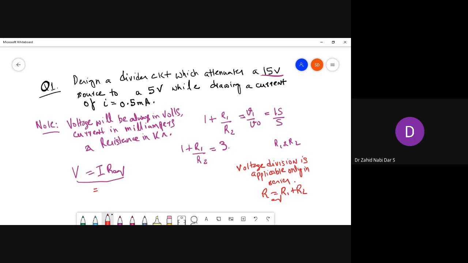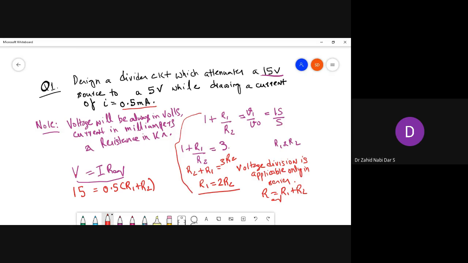The I value is given as 0.5, and this V value we know is 15. And now we have 0.5 into R1 plus R2. So from here we got one relationship: R2 plus R1 is equal to 3R2. From this relationship, R1 is equal to 2R2.